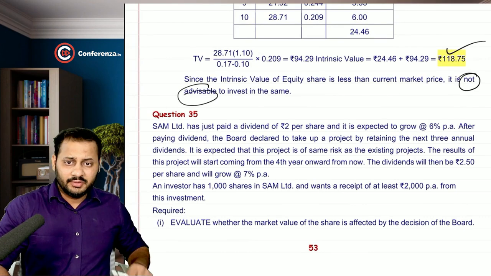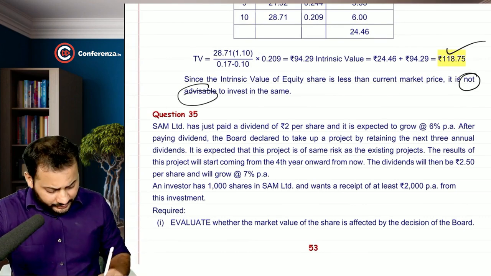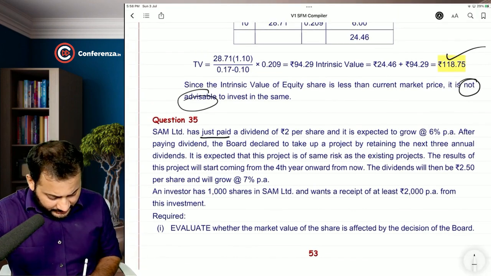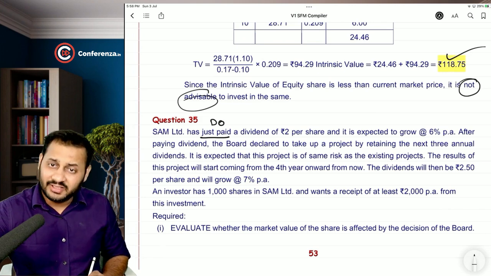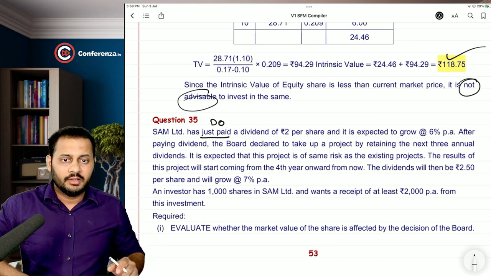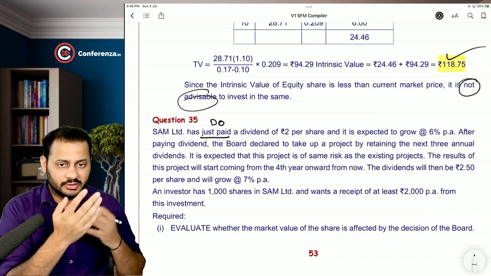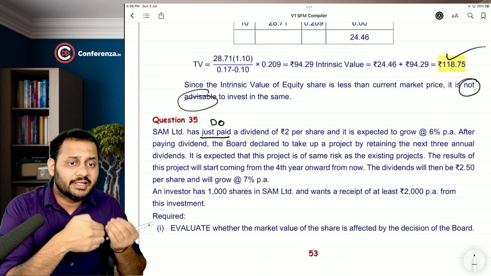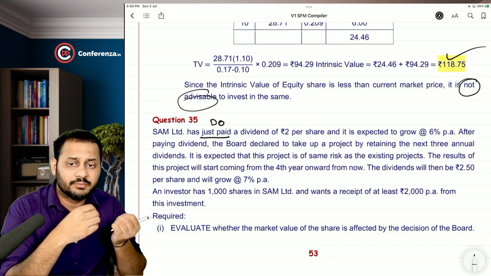So Sam Limited has just paid a dividend of rupees 2 per share. What you are going to underline, just paid, and just write down D0 because it is a thing of the past. So dividend of rupees 2 is for the past year, and it is expected to grow at a rate of 6% per annum.